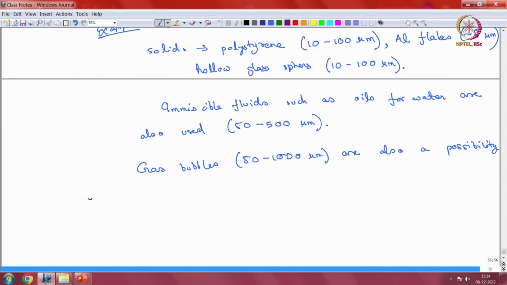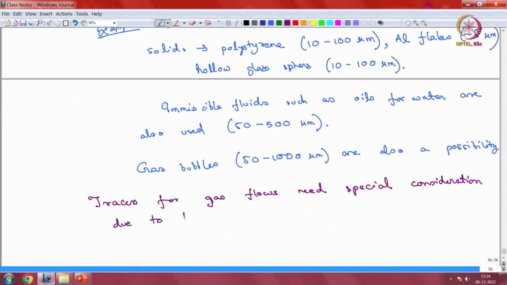So now tracers for gas flows are slightly different. Gas flows often need special consideration because of the density mismatch, the low density of gases.